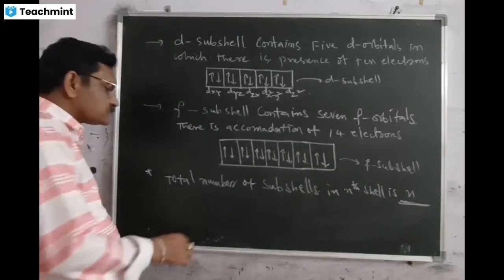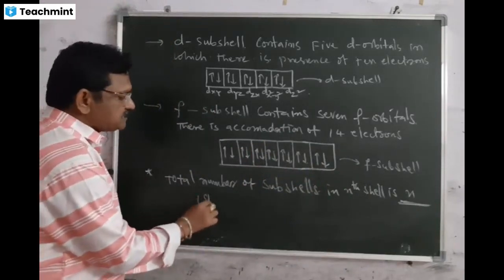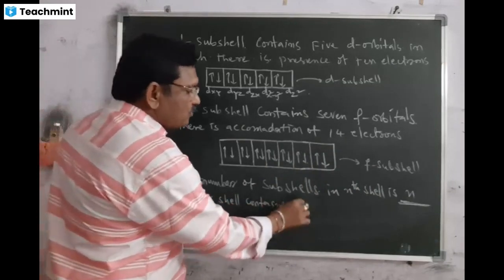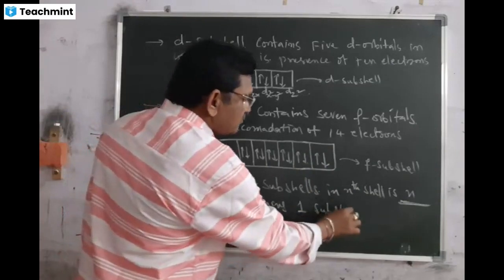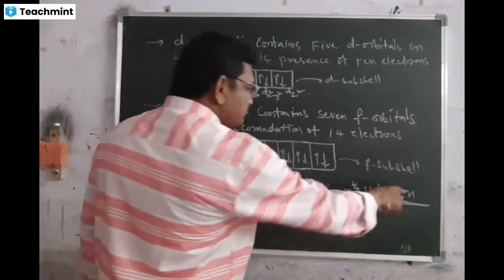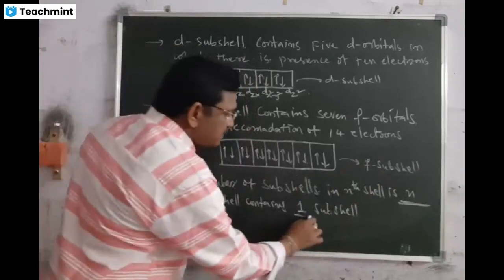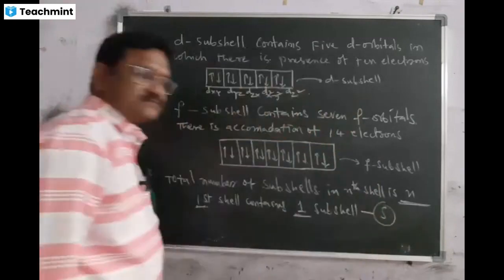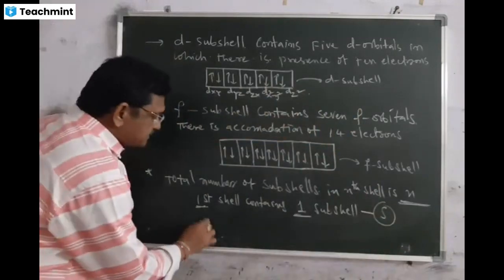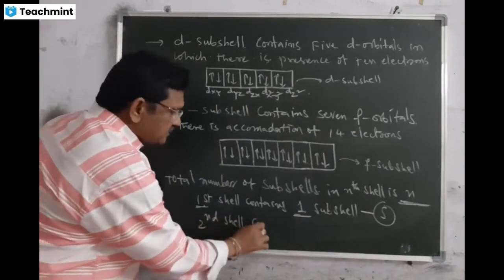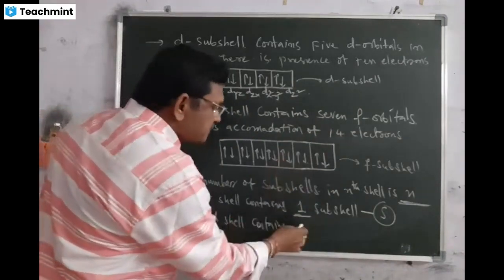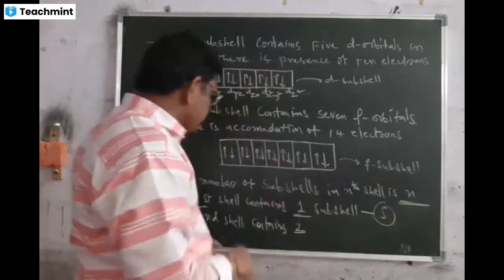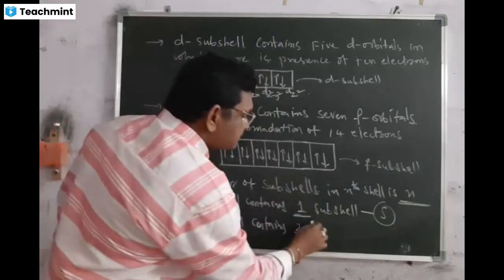For example, the first shell contains one subshell only. The nth shell contains n subshells, so the first shell has only one subshell, that is S. For example, the second shell contains how many subshells? 2 subshells, because the nth shell contains n subshells.